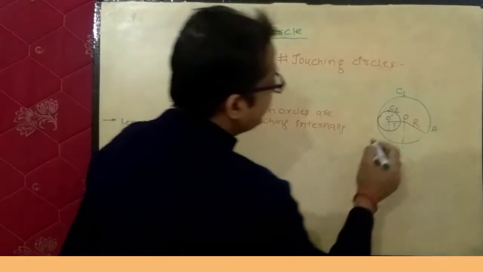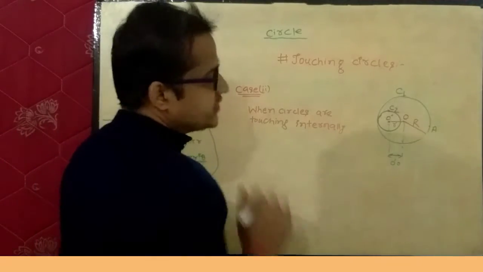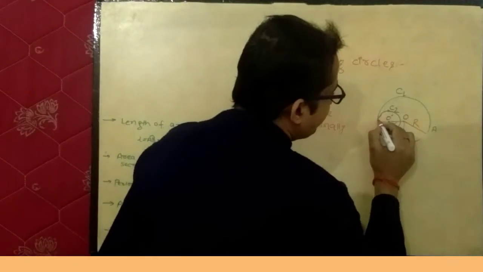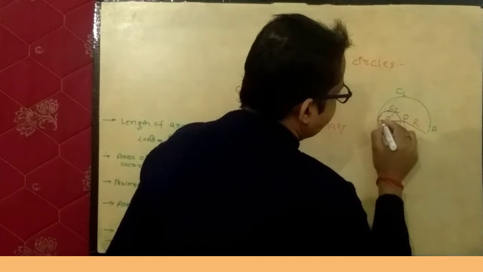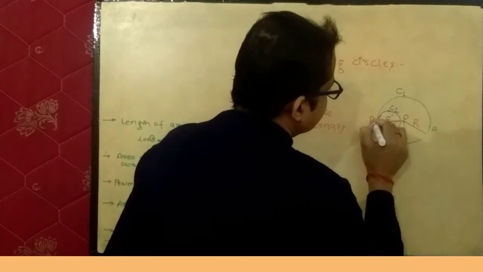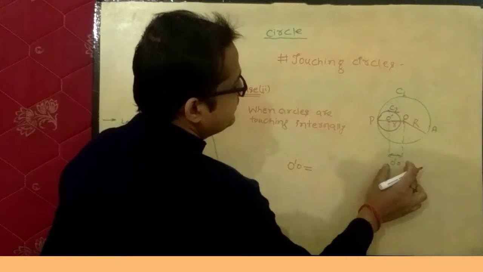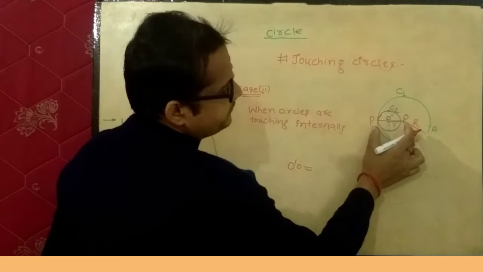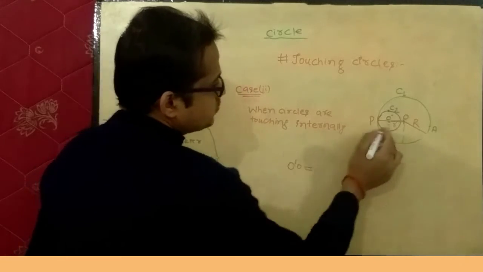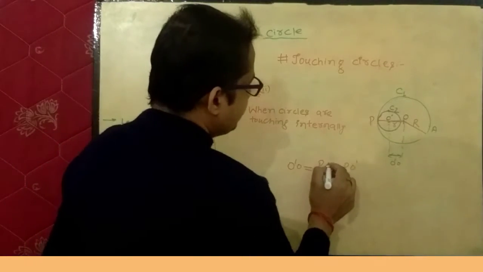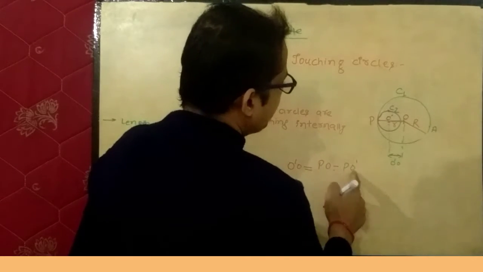Now you have to calculate the distance between the centers of these two circles. This is radius capital R, and let this point be P. So O dash O, this length, equals this total length minus this length. That is, PO minus PO dash.